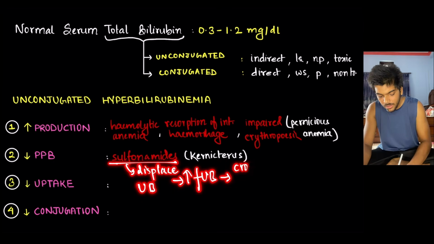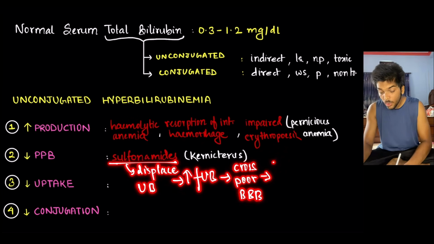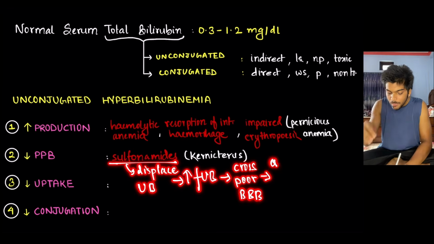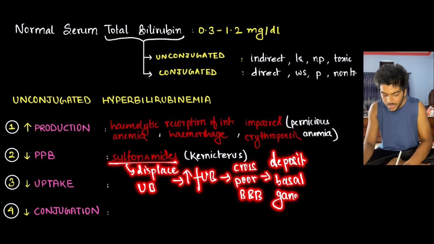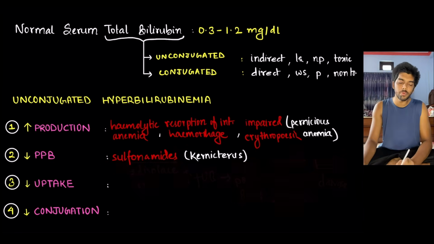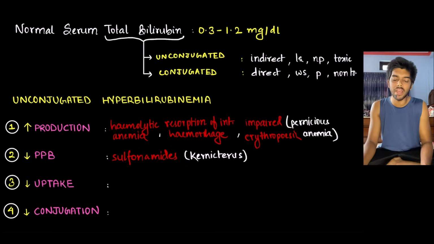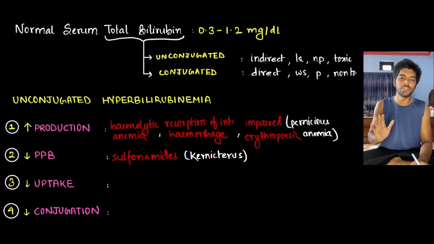This will cross the poor blood-brain barrier present in the neonate, and then it will go and deposit in the basal ganglia of the central nervous system and other nuclei. This leads to brain damage and neurological damage. That is kernicterus. Good. All of this is occurring in a neonate. Remember, because they have a poorly developed blood-brain barrier, the free unconjugated bilirubin can easily permeate through it.